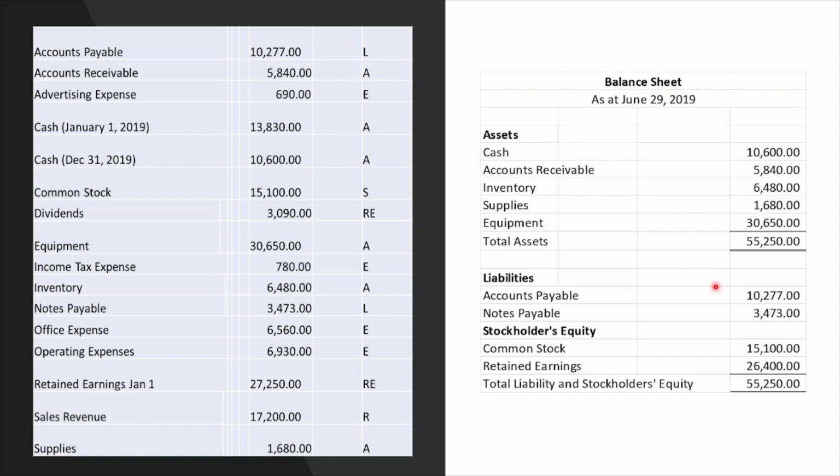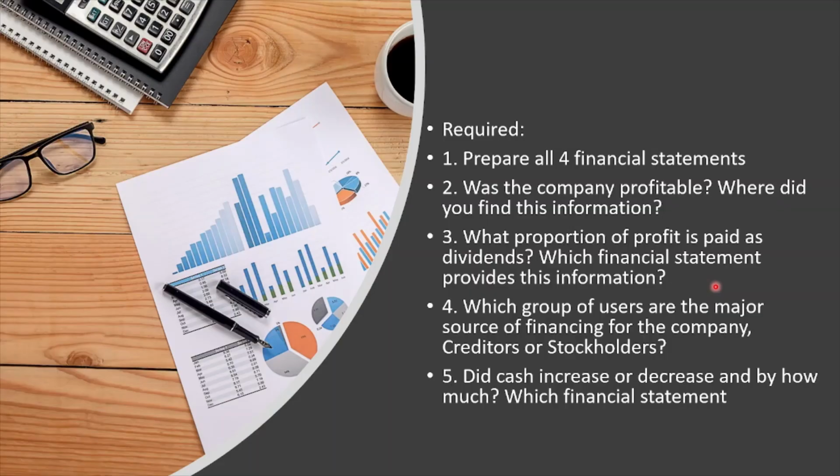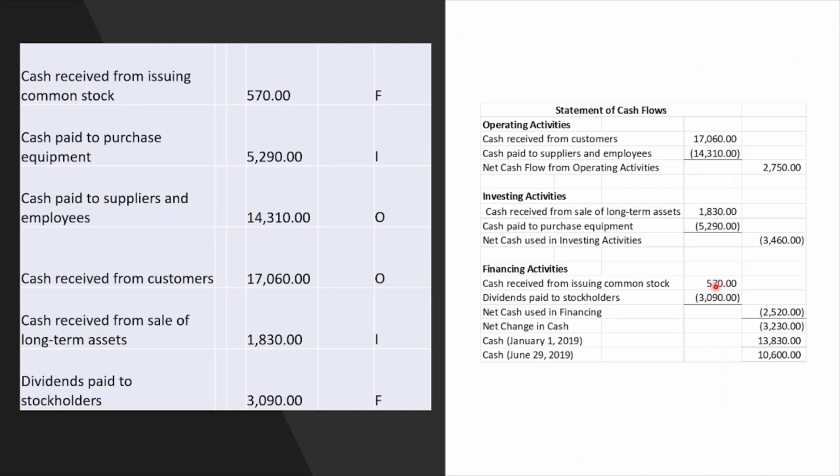So that means the stockholders' equity is way more than what we borrowed. So the major financiers are the stockholders, the owners of the company. They are the ones who are financing the company in a major way.